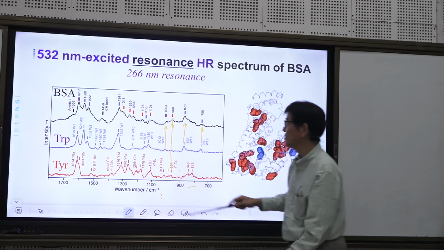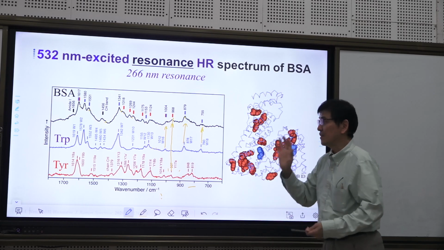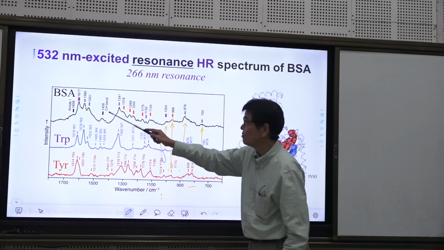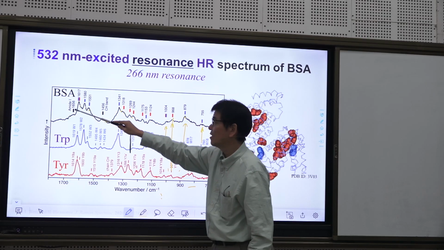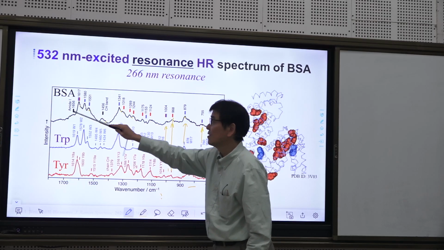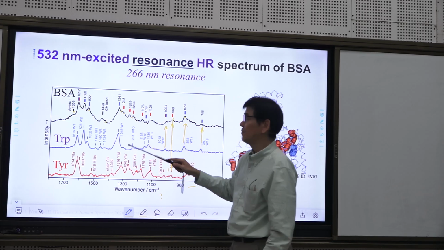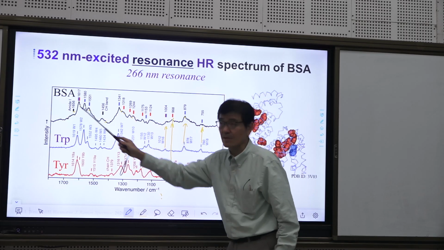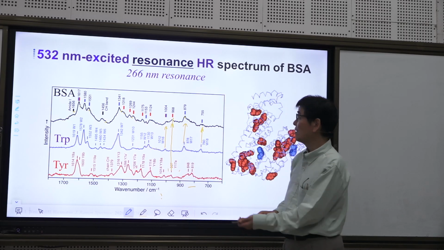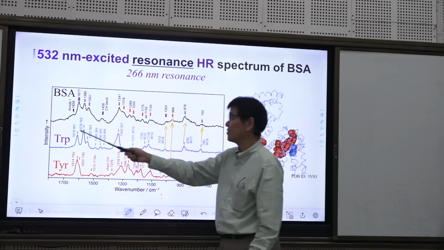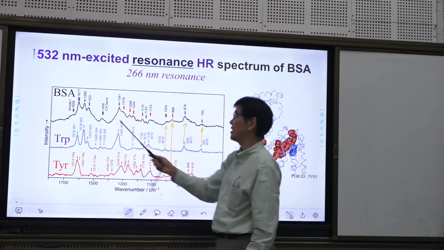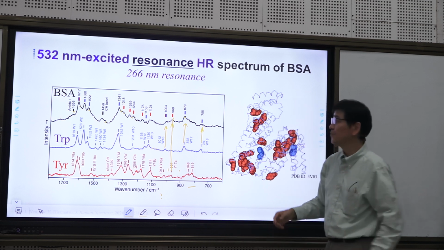In other words, some black ticks appear only in the BSA spectrum, and they are assigned to the amide 1 or CH bending or something.